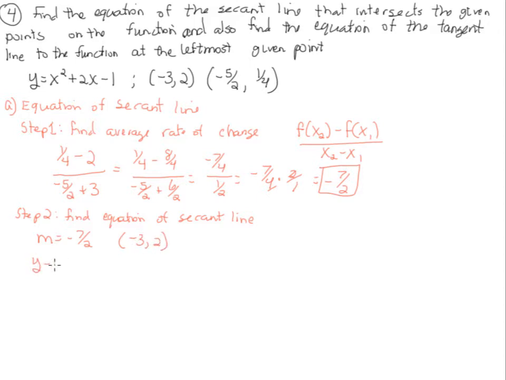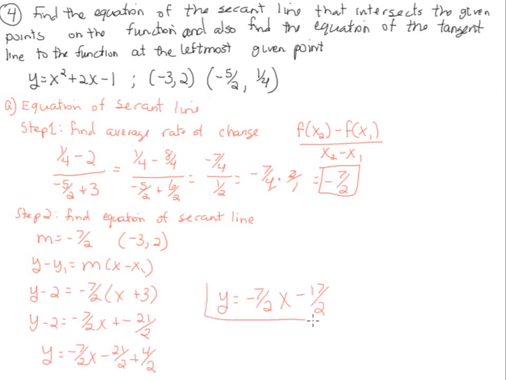Since I used y equals mx plus b last time, I'm going to use point-slope form this time. So I have y minus 2 equals negative 7 halves times x minus negative 3, and then simplifying down, we've answered the first question. The equation of our secant line is y equals negative 7 halves x minus 17 halves.